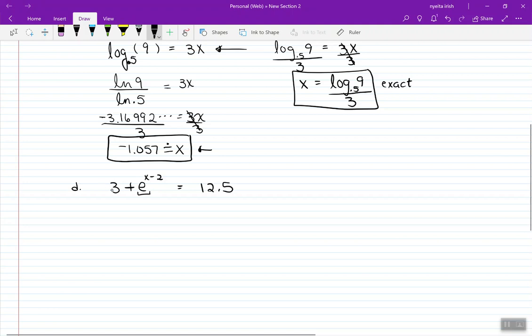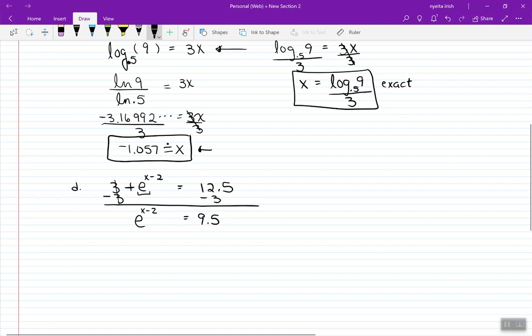So the 3 in this case has to go, but notice now it's not being multiplied times the exponential, so I'm not going to divide it off. In this case, it's a positive 3, so I'm going to subtract 3 from both sides. So that cancels out to 0. End up with 9.5 on the other side.